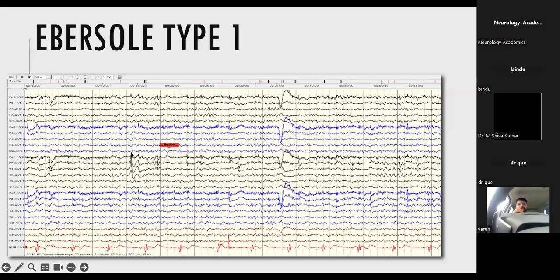In another example, the negativity is seen in the right temporal region, and the positivity is seen in the contralateral centroparietal area.